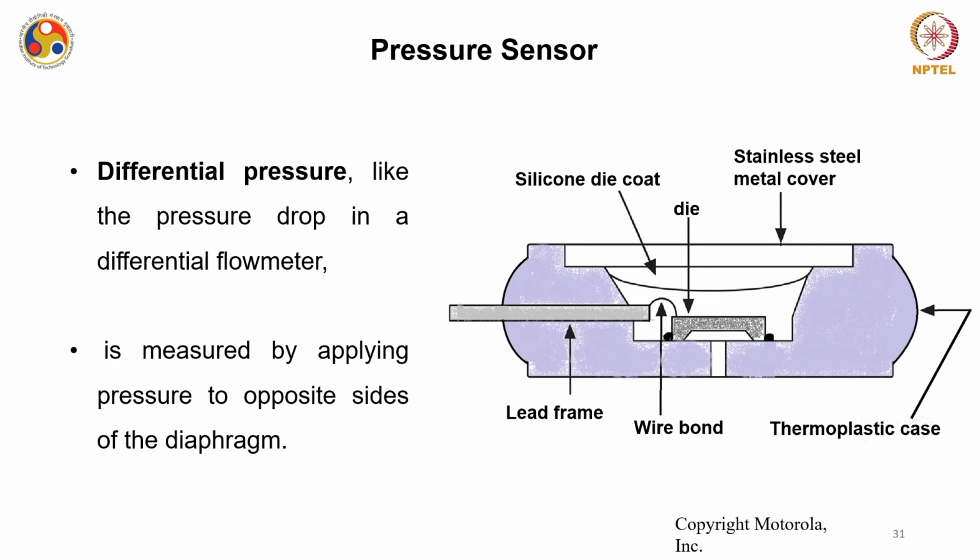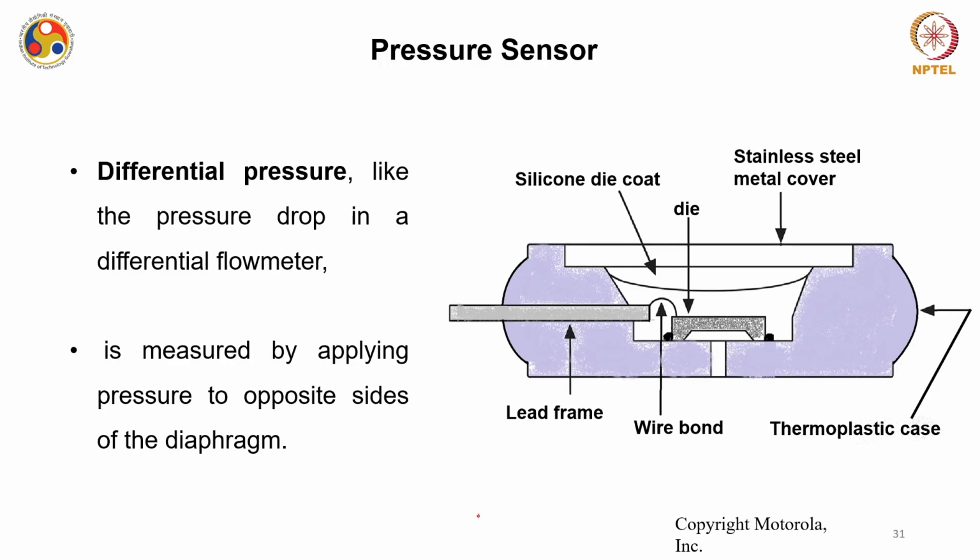Similarly, the differential pressure sensor, very similar to its name, measures some differential pressure. Of course, the other pressure need not be exactly a vacuum. It usually helps in measuring pressure between two points. So, the pressure here is PA and the pressure here is PB.